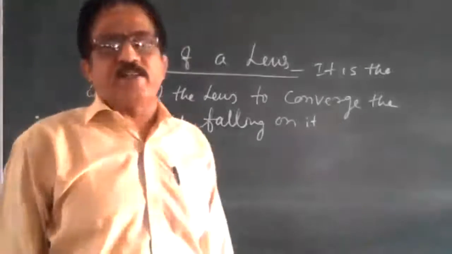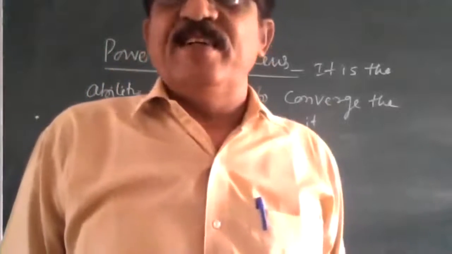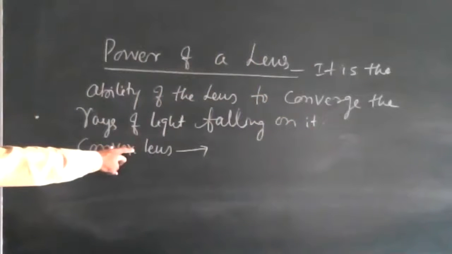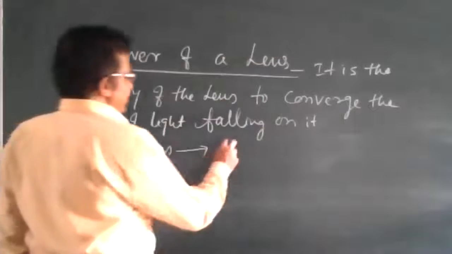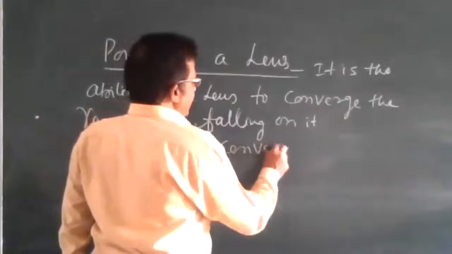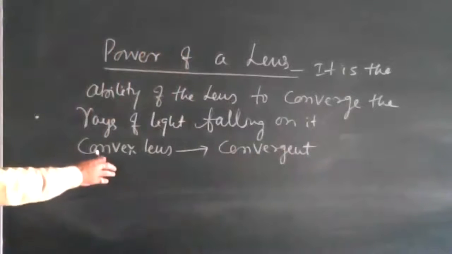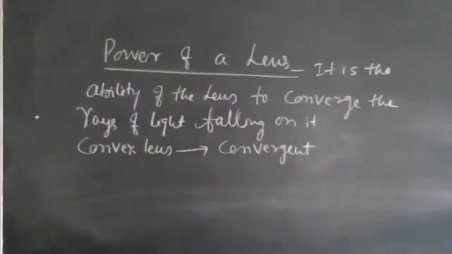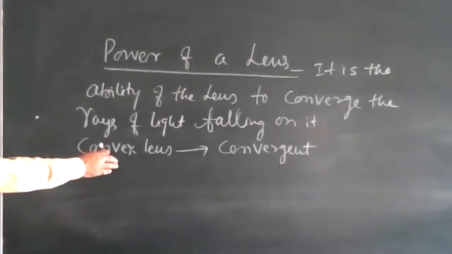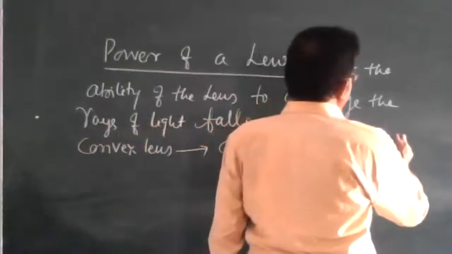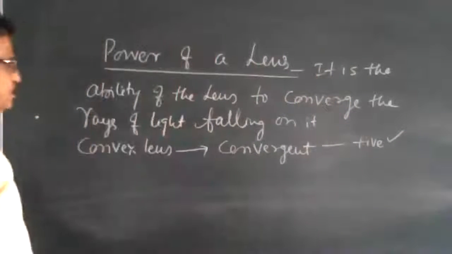What is the role of convex lens here? My dear children, convex lens converges the rays of light falling on it. Therefore, power of a convex lens is said to be positive.